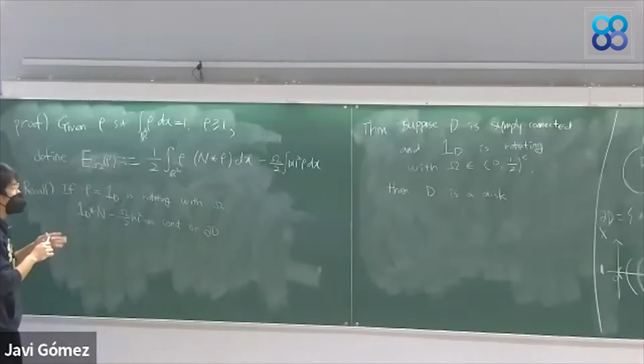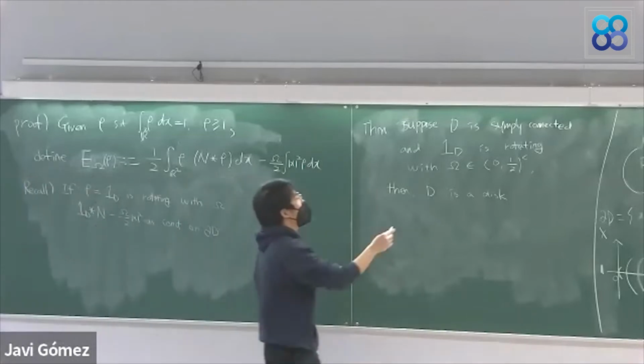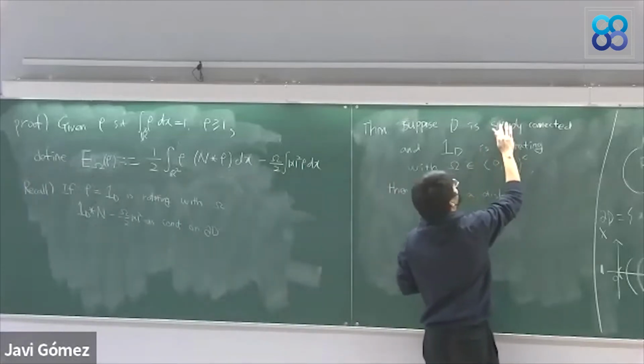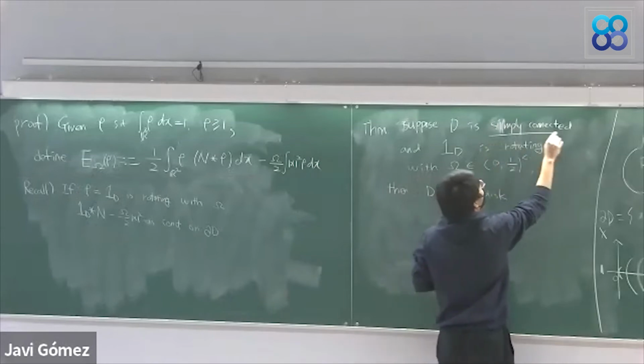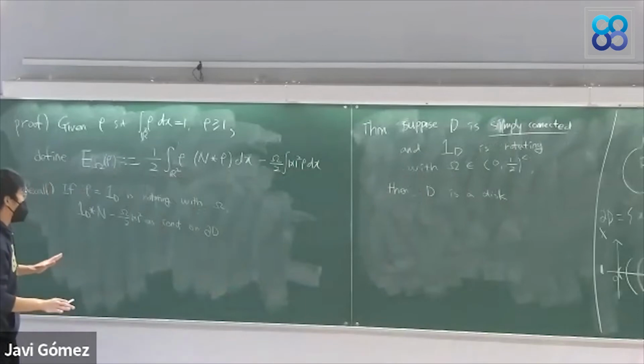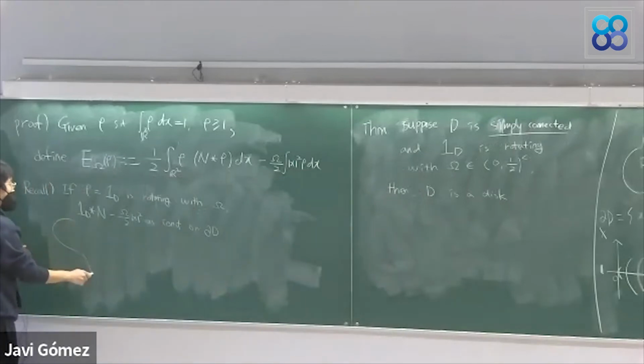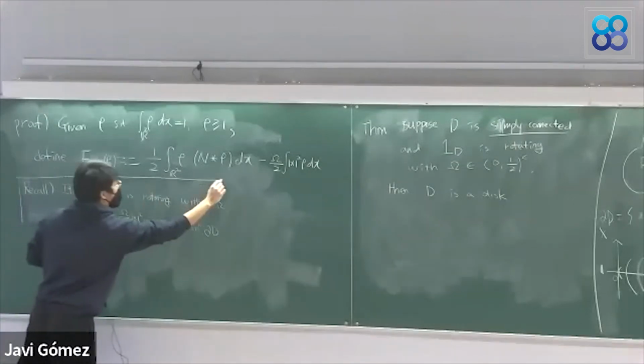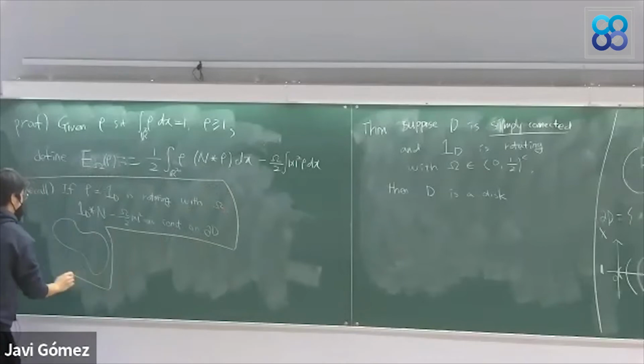As I mentioned, this constant may be different from one connected component to another, but here we are assuming that the patch is simply connected, so we don't have to consider that complicated case. We have only one connected boundary here.